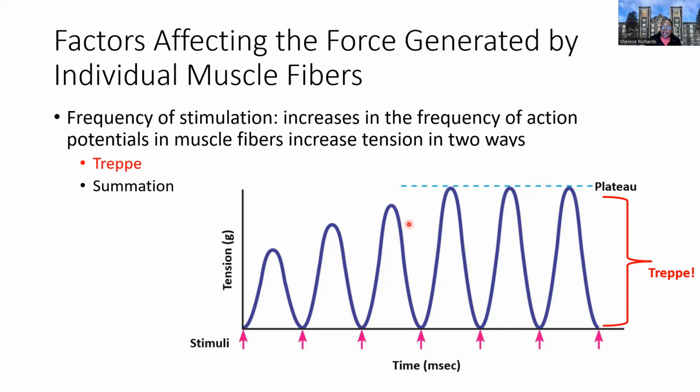And so in this instance, because we're generating more force, the idea that explains treppe is that the machinery is already warmed up. So it's going to take less time the next time around if it's close enough in time. Okay, let me say that again another way.